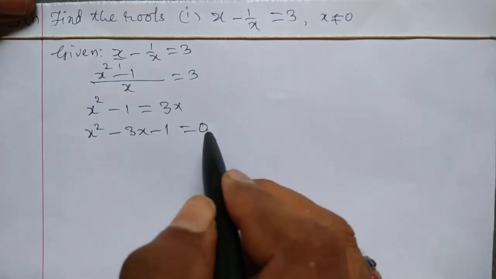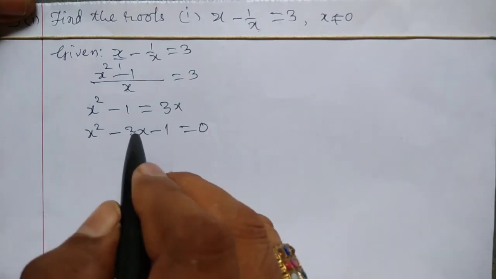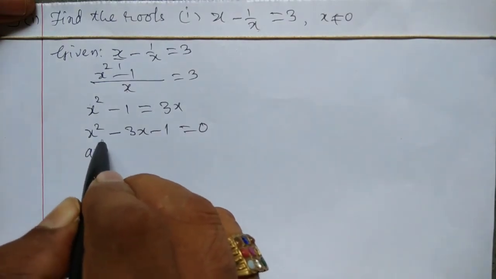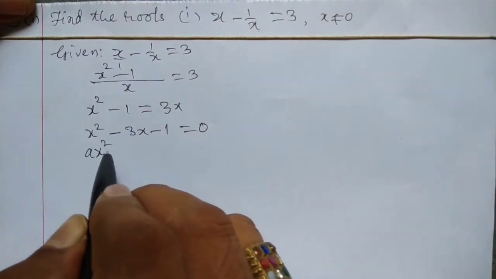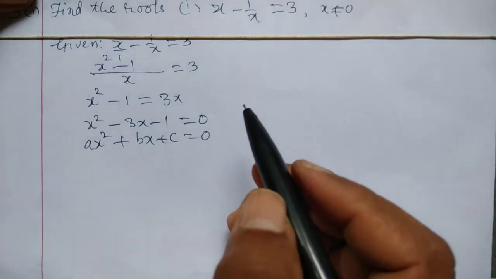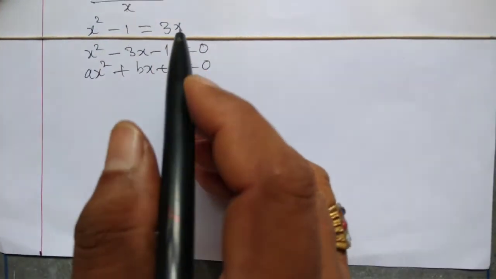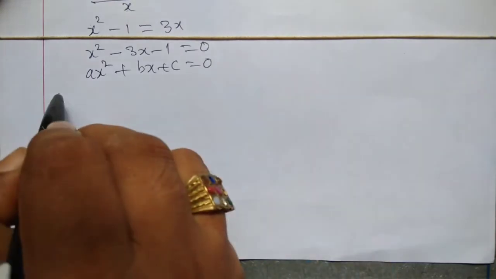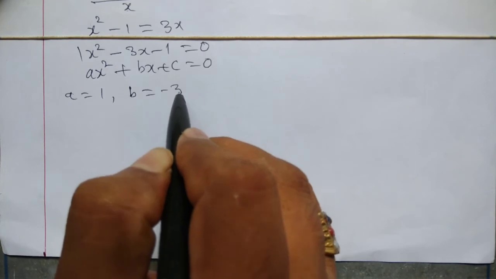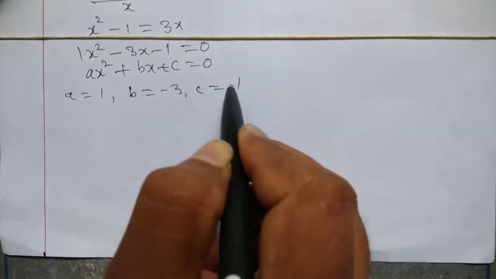Comparing this with the quadratic equation, we can write ax square plus bx plus c is equal to 0. Comparing this, we have a is equal to 1, b is equal to minus 3, c is equal to minus 1.